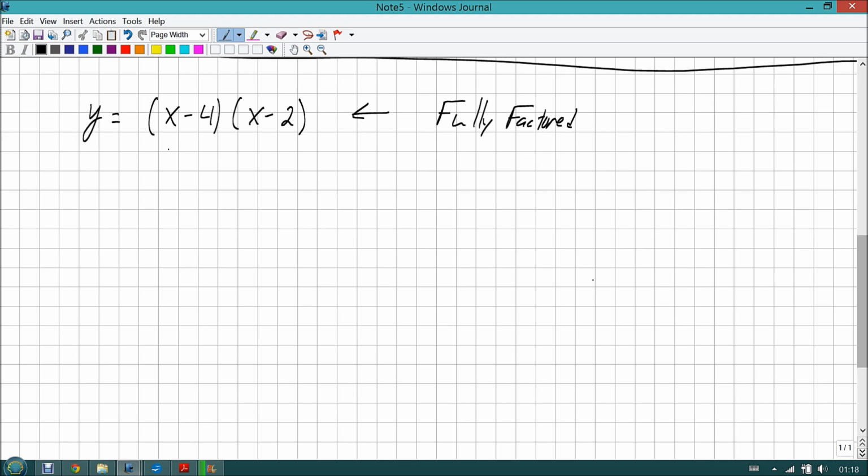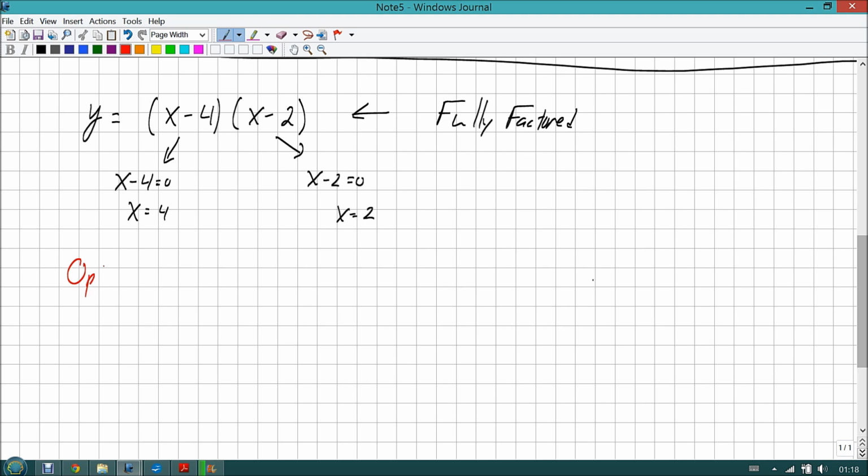This is great for finding the zeros, because if you were to find the zeros, you take each piece and set it equal to 0. So you'd have x minus 4 is equal to 0, and x minus 2 is equal to 0, and then you have x is equal to 4, and x is equal to 2. But unfortunately, this isn't so good about finding the vertex. So we have two options.